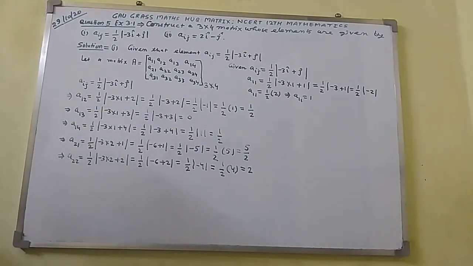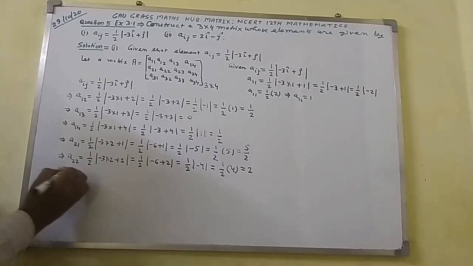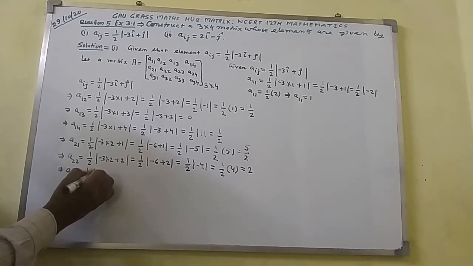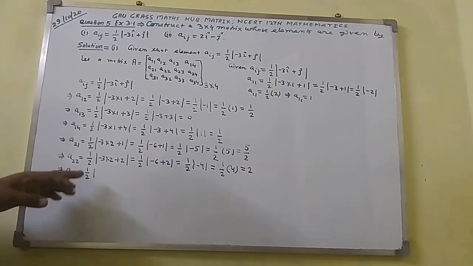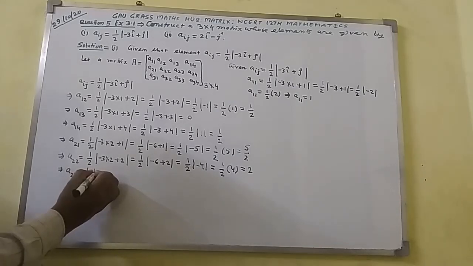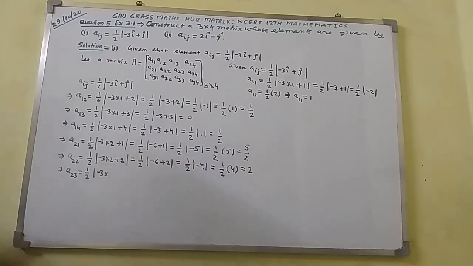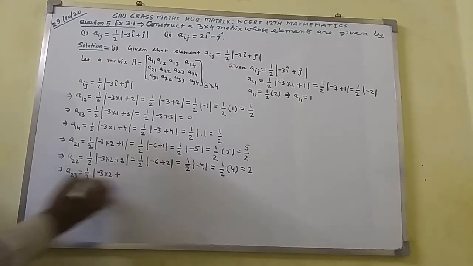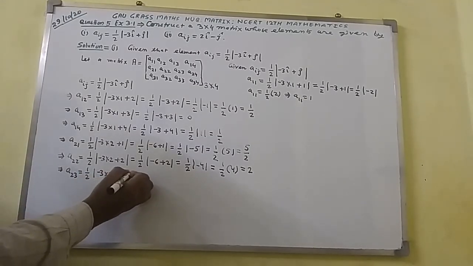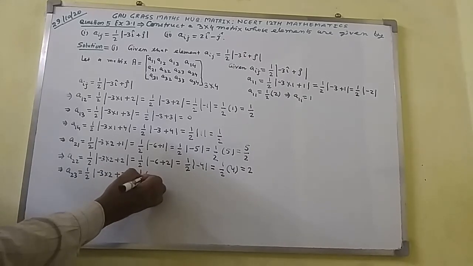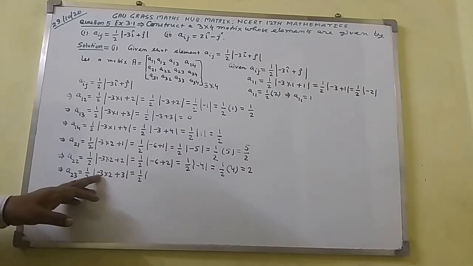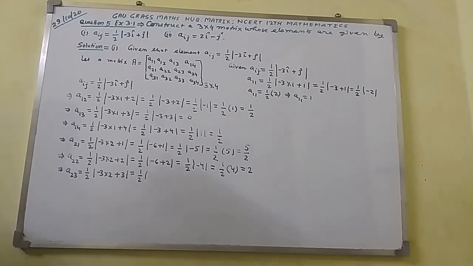Now next I shall write A23. It implies that A23 will get 1 over 2 mod minus 3 into, in place of i I shall write 2, and in place of j I shall write 3, equal to 1 over 2 mod minus 3 will multiply to 2, we will get minus 6 plus 3.